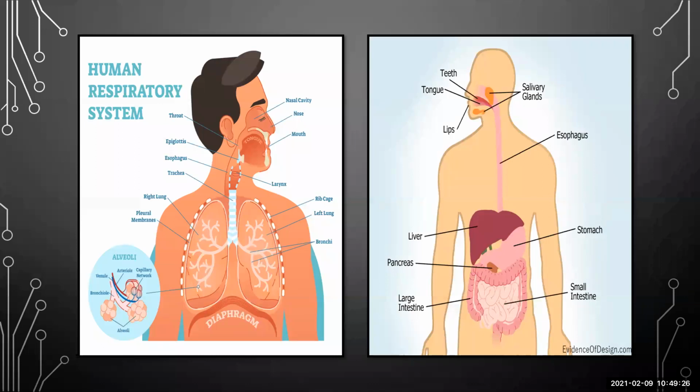So this is the combination of oxygen and hemoglobin. With that, this molecule of oxyhemoglobin will transport the oxygen through the blood to each and every part of the body. So this is how the human respiratory system works.